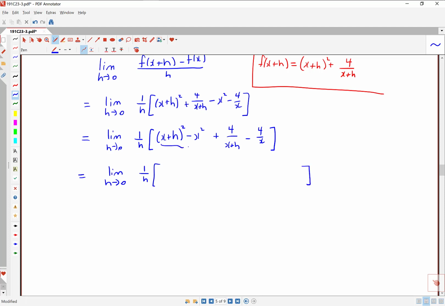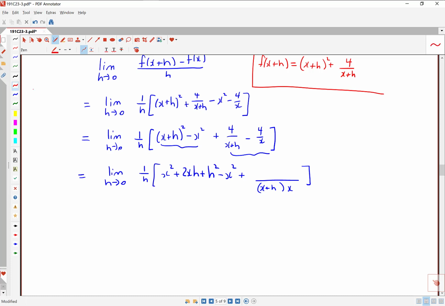Well, let's start with the first two terms. We're going to expand the square to get x squared plus 2xh plus h squared minus x squared. So we'll have a little bit of cancellation there. And then for these guys, we need to do our common denominator thing that we just practiced. So everything's going to go over the common denominator of x plus h times x.